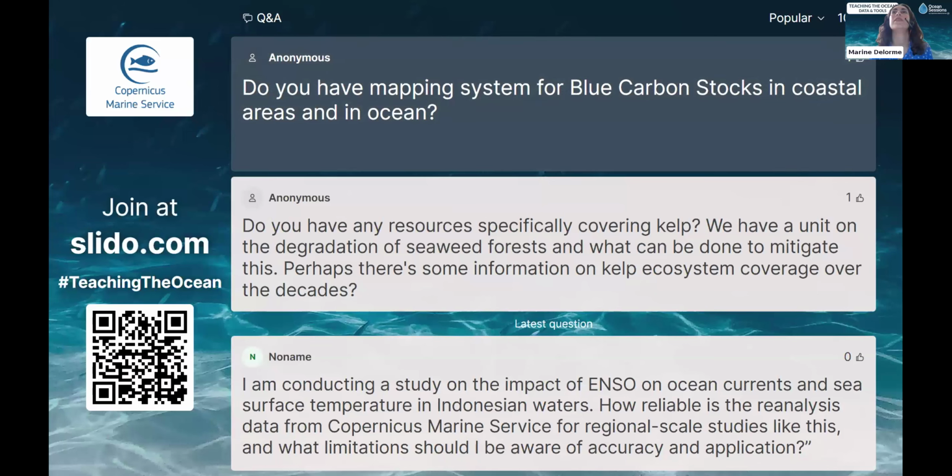Do you have a mapping system for blue carbon stocks in coastal areas and in the ocean? I don't think so. To measure carbon, of course, there is the carbon flux, but if I understand correctly, you mean regions where carbon is being absorbed by marine species, right? Like seagrass or something like that. This is not something we have, not at the moment.